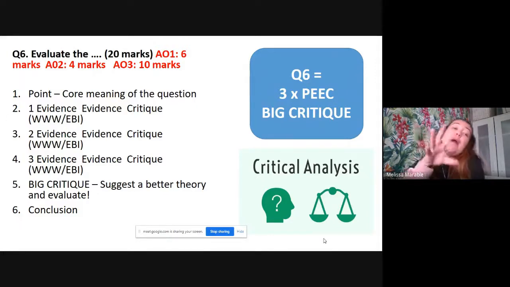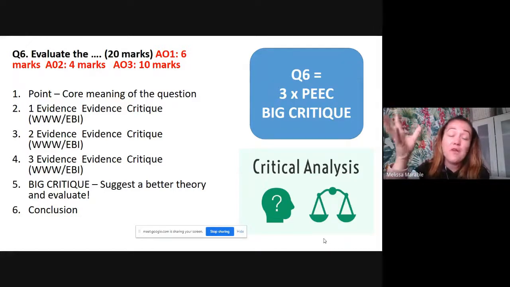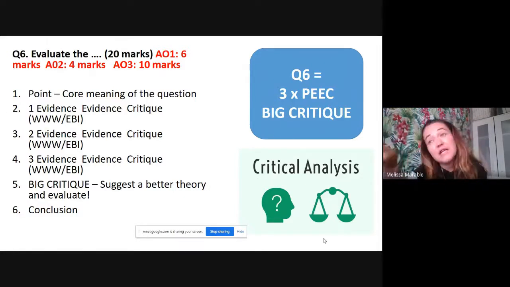So I will do a point, core meaning of the question, and then you need 3 big arguments with the appraisal, with the strength, weakness. You do that 3 times, then a big critique, and then a conclusion. I call it 3 peaks, and then a big critique at the end. So: point, evidence, evidence, critique it; point, evidence, evidence, critique it; point, evidence, evidence, critique it; and then a big critique.